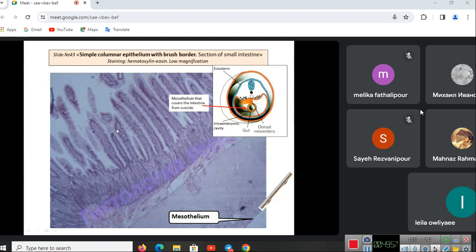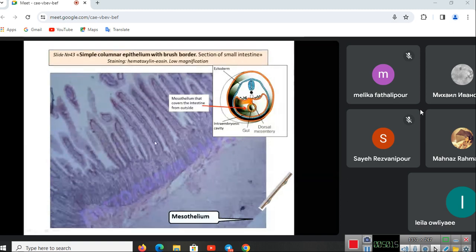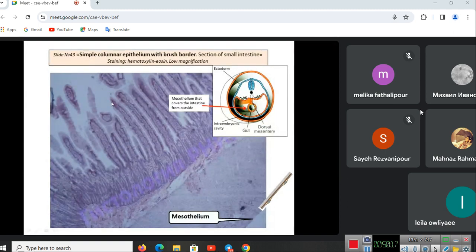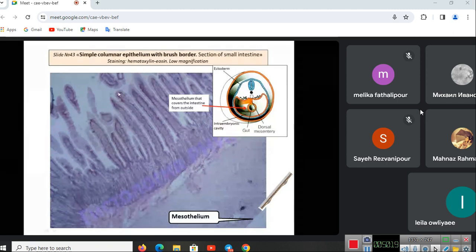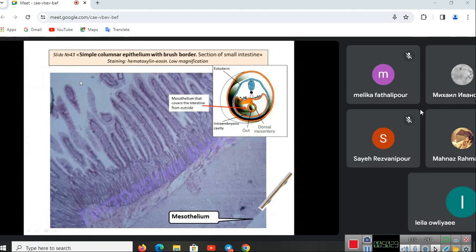So this is the section of small intestine. Intestine is here. It is the hollow organ with the cavity, which is called lumen, inside. In lumen, the food will be during digestion process. The embryonic endoderm, which is yellow here, will become epithelium, which lines the intestine from inside. The lumen will be here.